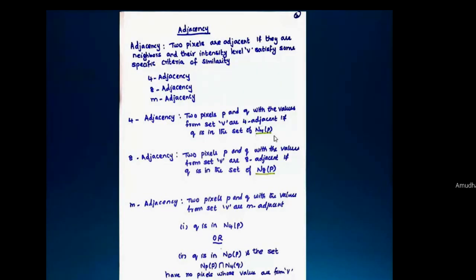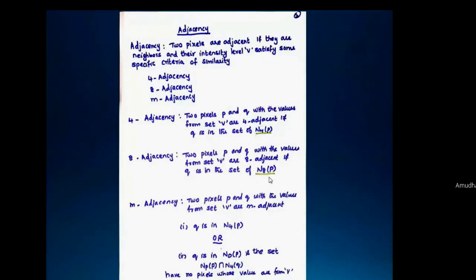Next, 8 adjacency. Two pixels P and Q with values from the set V are 8 adjacent if Q is in the set N8 of P. So what is the difference between 4 adjacency and 8 adjacency?